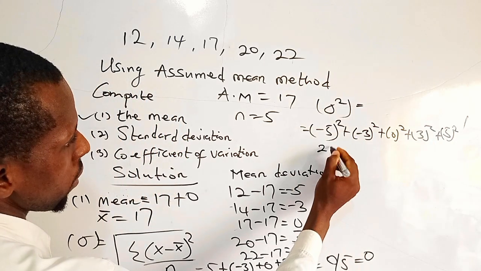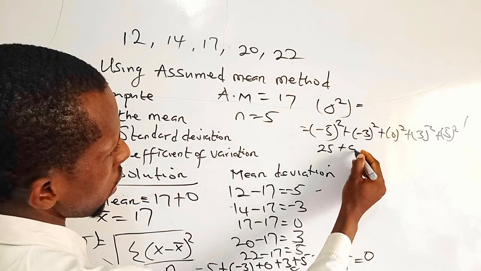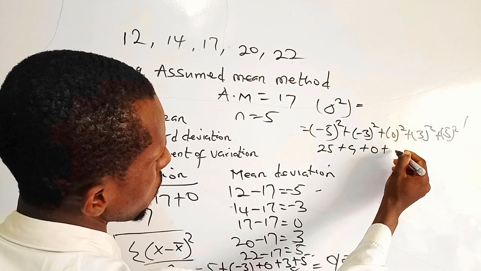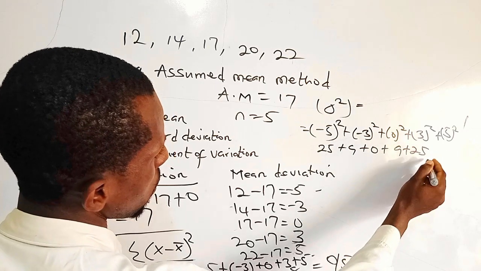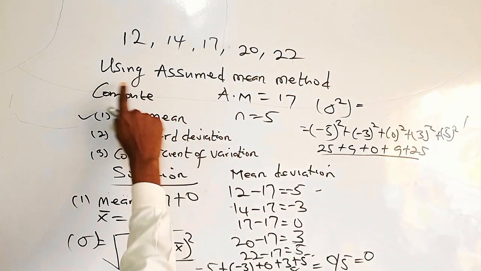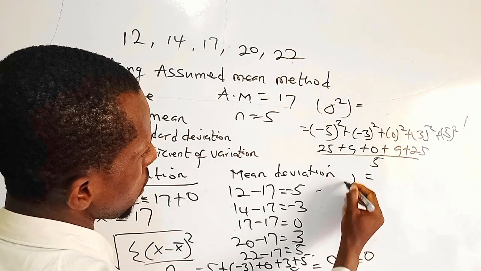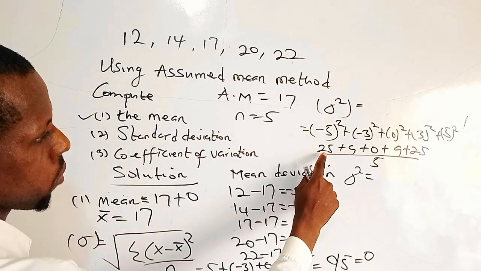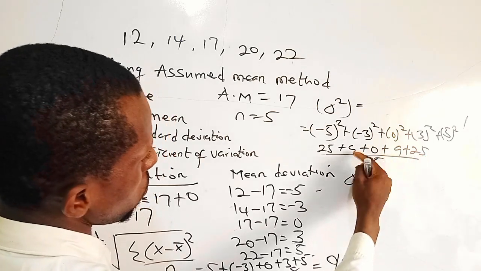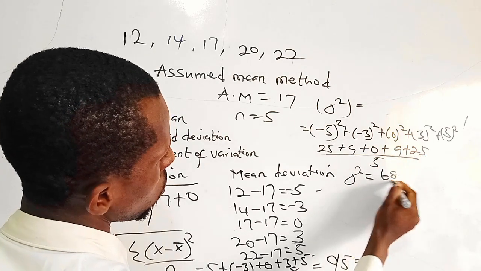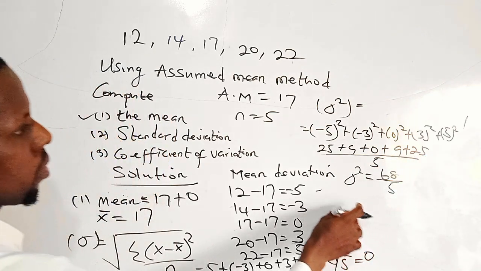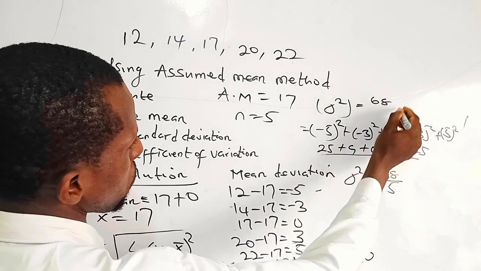Here I have 25 plus 9 plus 0 plus 9 plus 25, divided by the number of observations, which is 5. When you add this up, it is 68 over 5. This is our variance.